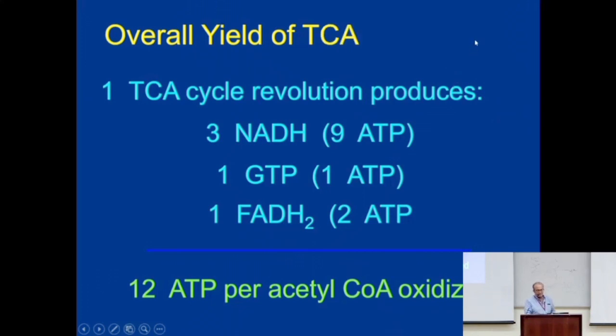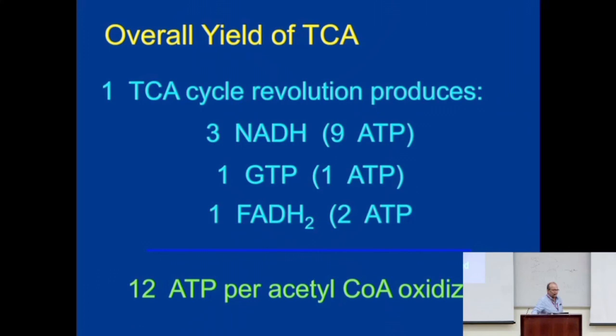every time you oxidize an acetyl-CoA in the TCA cycle, you produce 3 NADH, 1 GTP, and 1 FADH2. So the total ATP output: 3 times 3 is 9. That's equivalent to ATP. 1 times 2, and 1. The total here is 12 ATPs from the oxidation of a single acetyl-CoA.